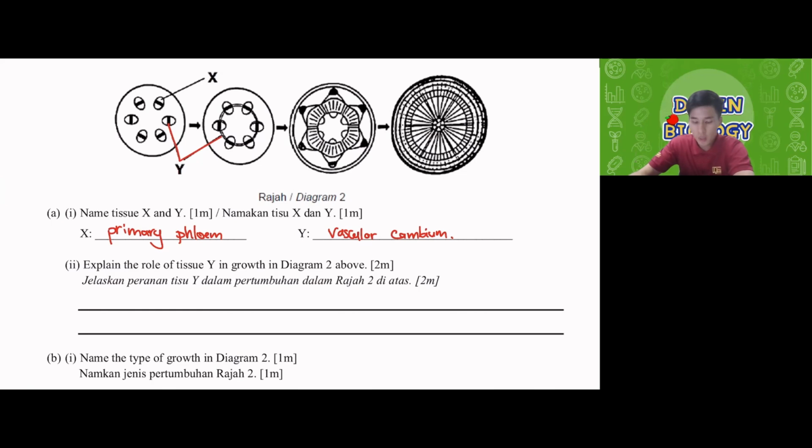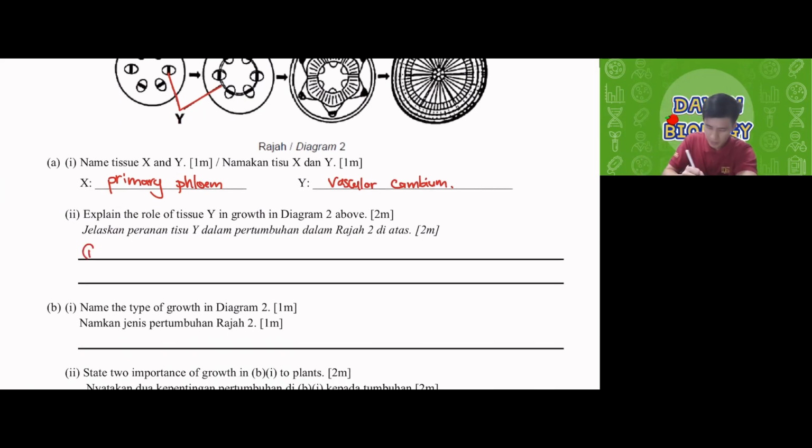A2, explain the role of tissue Y in diagram 2 above. All right, we just did this, right? Vascular cambium, what does it do? First, undergoes mitosis, same as just now, to form what?